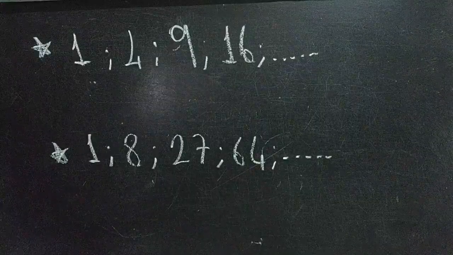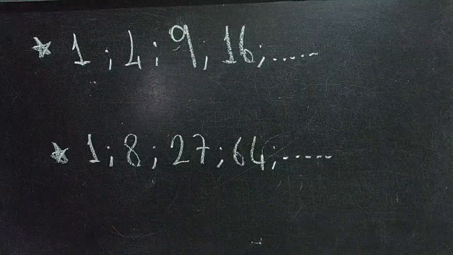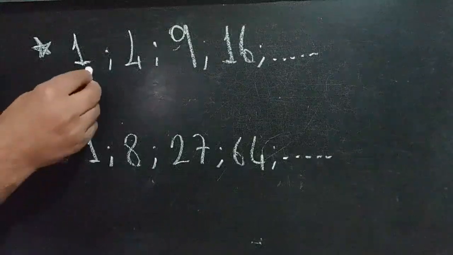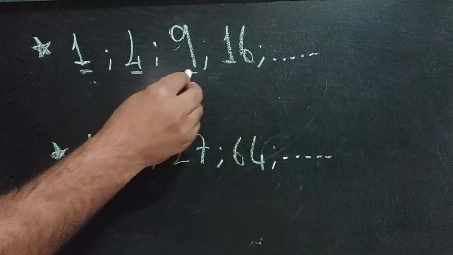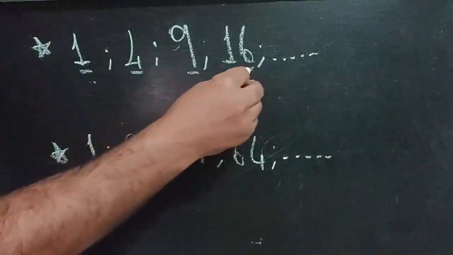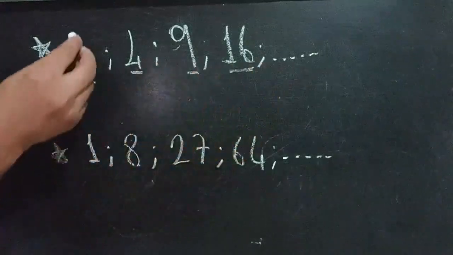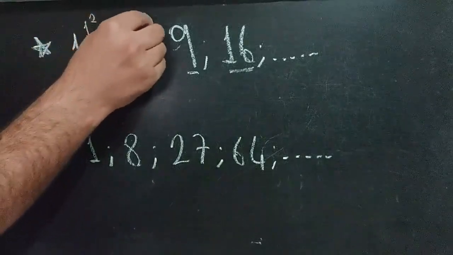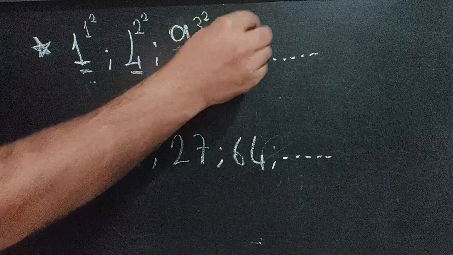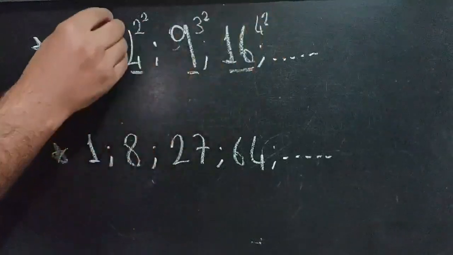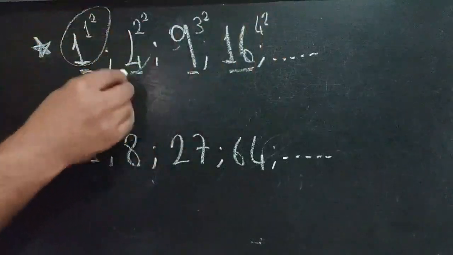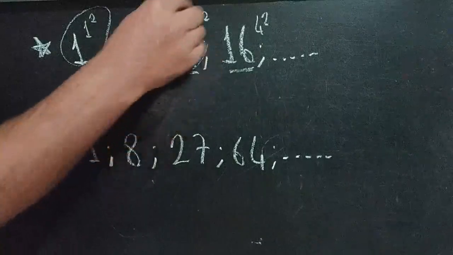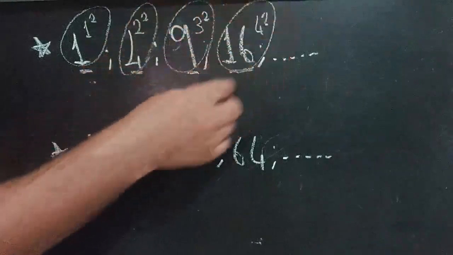Now let's have a look at these patterns, sequences. See, 1, 4, 9, 16. So now look, 1 square, 2 square, 3 square, 4 square. See, 1 square is 1, 2 square is 4, 3 square is 9, 4 square is 16.